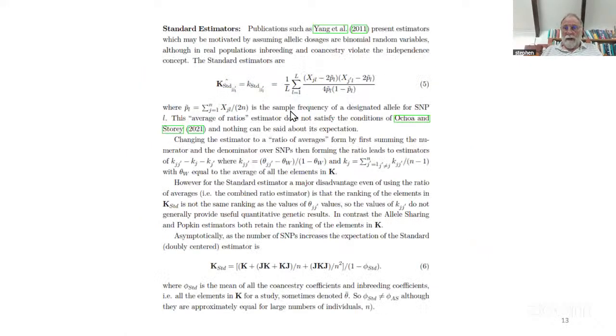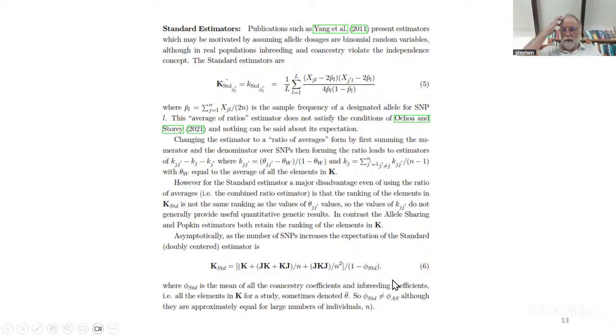Now the next one is the standard estimator, and again there's a whole lot of material here, but basically the assumption made here is that the allelic doses that I talked about earlier are binomial random variables, but in a real population that's not true because there's inbreeding and co-ancestry. But the asymptotic version of this doubly centered version is K standard, and you'll see that it's here.